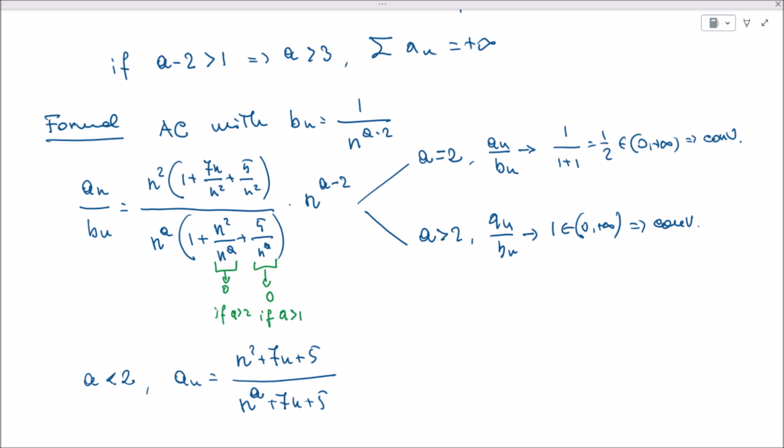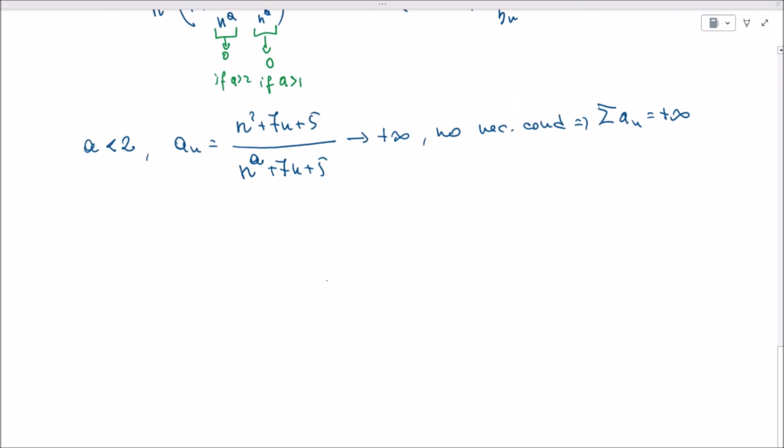But if a is less than 2, of course this will diverge to plus infinity, right? So the necessary condition is not satisfied, which implies that the sum of an will diverge to plus infinity. So we can write simply that the sum is equal to plus infinity.